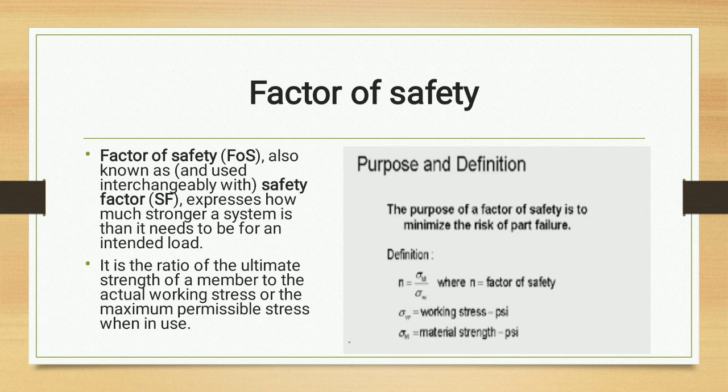So the purpose of the factor of safety is to minimize the risk of part failure. Factor of safety N can be given as sigma U upon sigma W, where sigma W is the working stress and sigma U is the material strength.